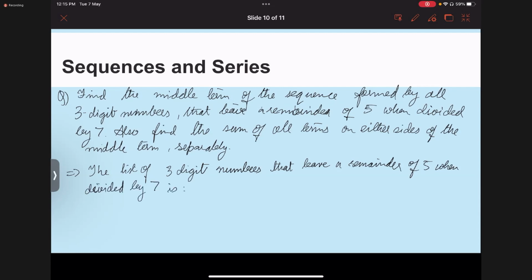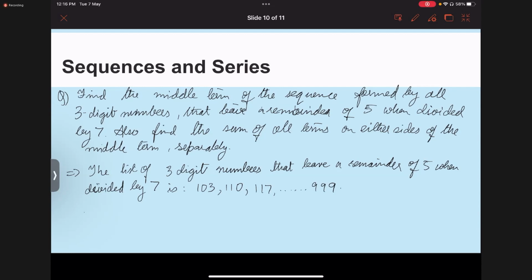So if you write the first number itself, then you can go on writing all the other numbers. So the first number is actually 103. Okay, so if you divide it by 7, we have 7, 1, 2, 33, 4, 28. So 33 minus 28 will give you 5. Okay, so this is the first number. Now you have to keep adding 7 to this. Okay, you will get the next number. So 110, then 117, and all the way up to 999.